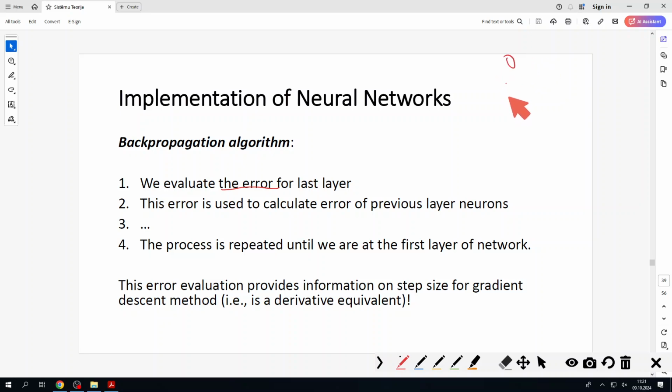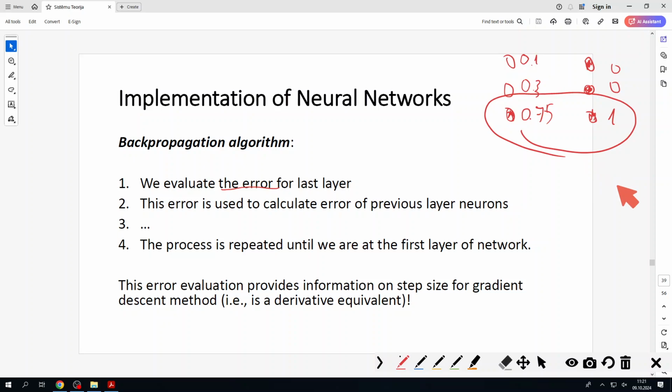So your neurons have certain probabilities like 0.1, 0.3, 0.75 maybe, yes, and you have correct answers, like here we have 1, here we have 0, 0, 0, yes? So then you can calculate the error for this neuron as the difference squared, 1 minus 0.75 squared, and then this error can be split into fractions, yes?